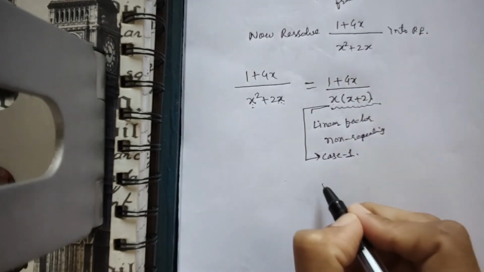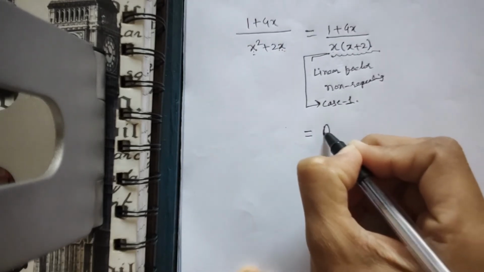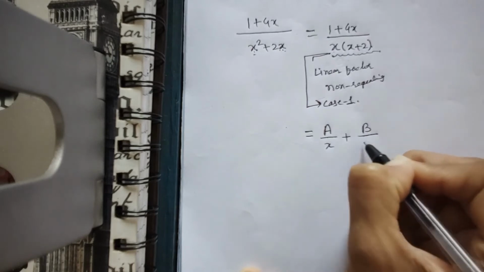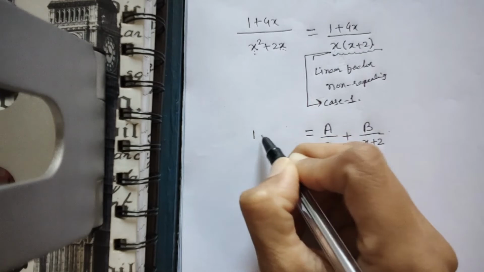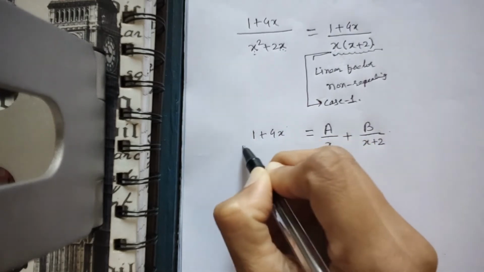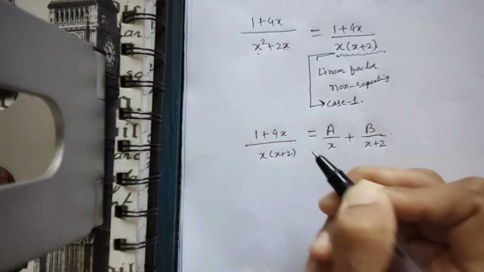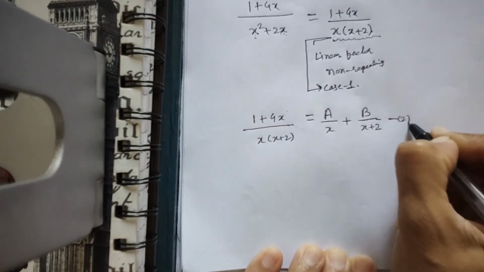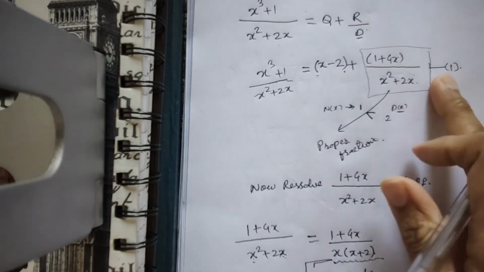So it will convert into a upon x plus b upon (x + 2). And here I have (1 + 4x) upon x(x + 2). Now the further procedure is well known to you. This I am going to call equation 2, because I already took the original given equation as equation 1.